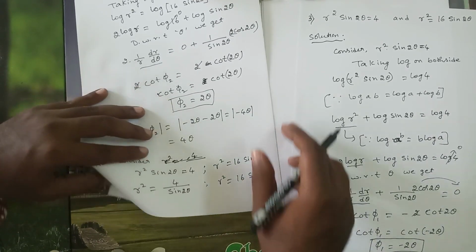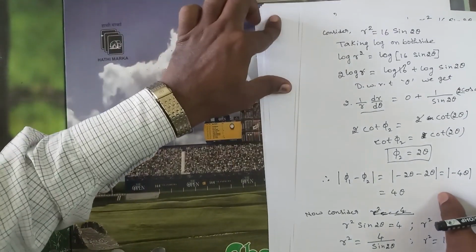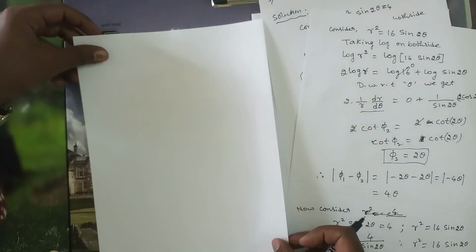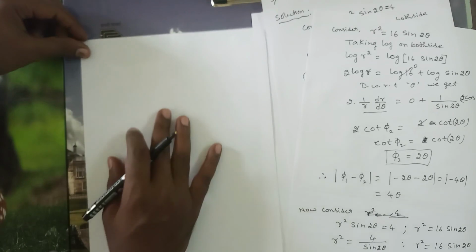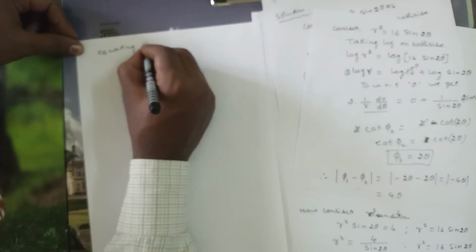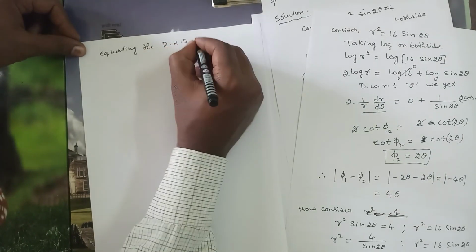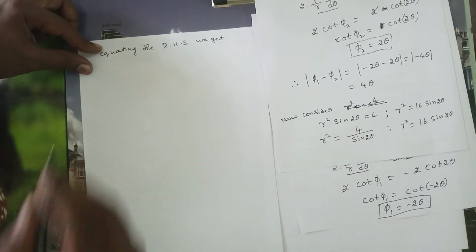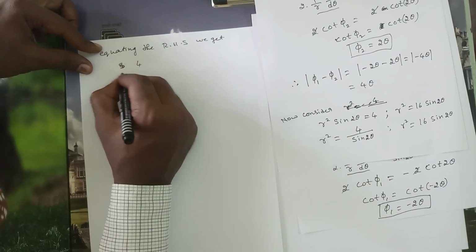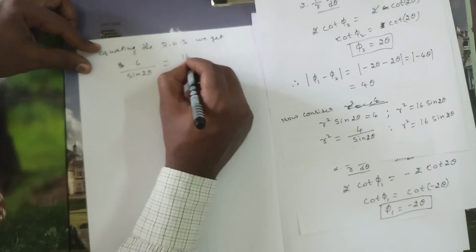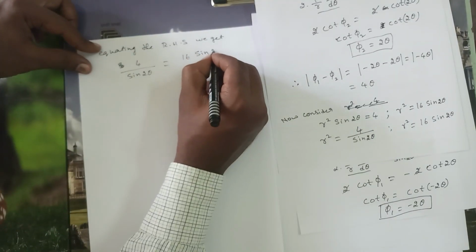Now equating the RHS, we get 4 divided by sin 2 theta equals 16 into sin 2 theta.